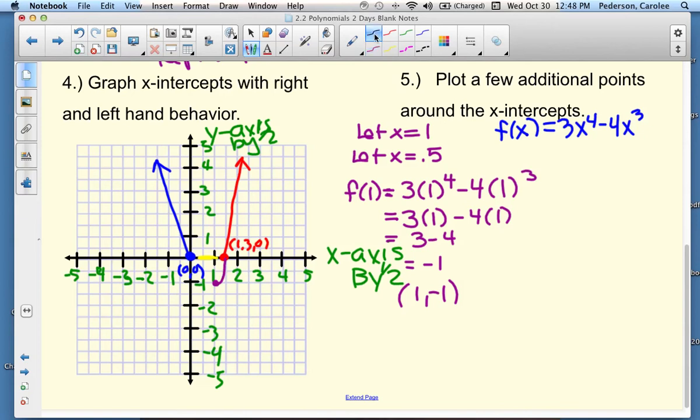Then evaluate for 0.5. So 3 times 0.5 to the 4th minus 4 times 0.5 cubed. I recommend you use your calculator for that.